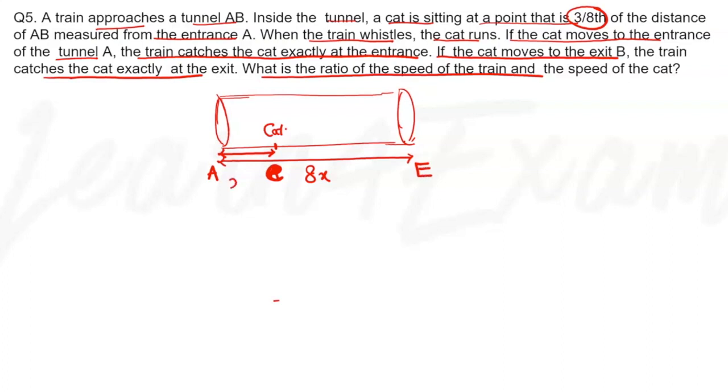So AC is equal to 3x because it's given that it's standing at 3/8 of the distance of AB. Okay, so this is also given B, right? So let us not take that as E but B, the tunnel. Right, now we have a train approaching, right? Let me draw the train here. So this is the train that's approaching and it whistles, right? Let this point be E.